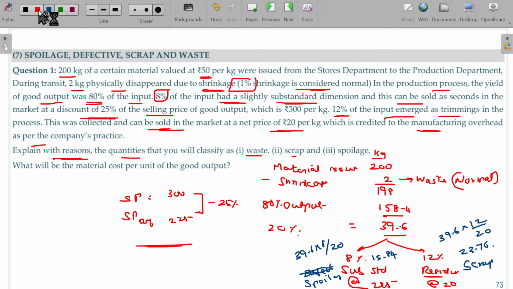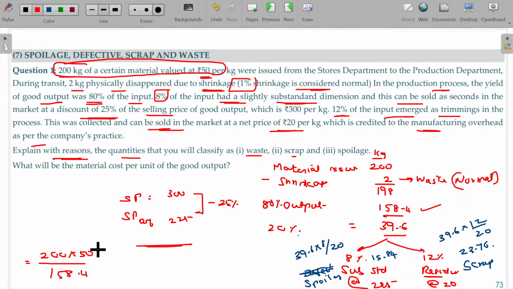So, we spend how much? 200 kgs at rupees 50 each. How many good units we got? 158.4. This is what about the output per unit. Clear? Cost per unit of output.